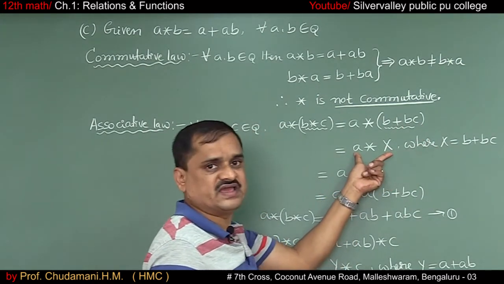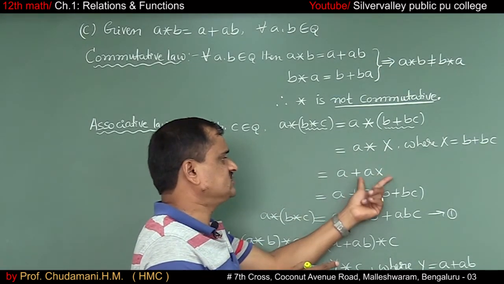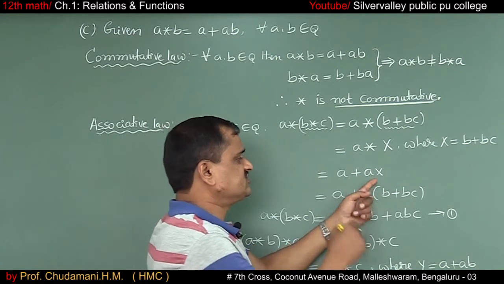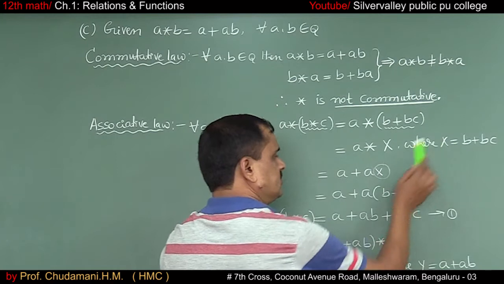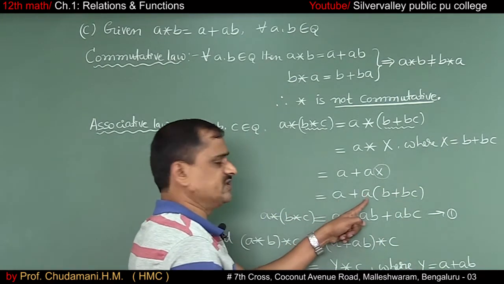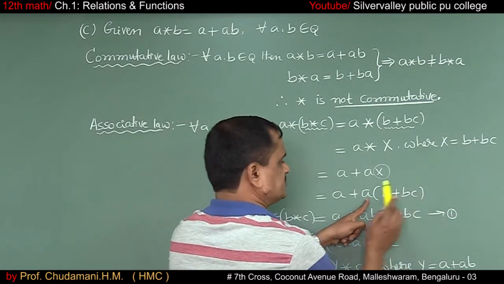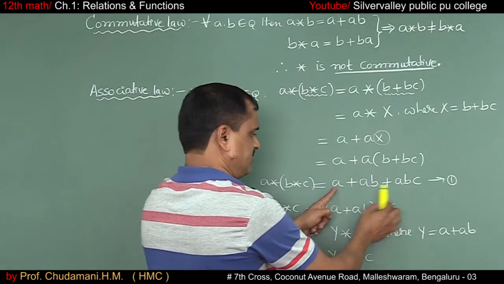This is just like A star B, A plus AB, so A plus AX. Resubstitute X as B plus BC. That is nothing but A plus A into (B plus BC). Right? So that means A plus AB plus ABC.